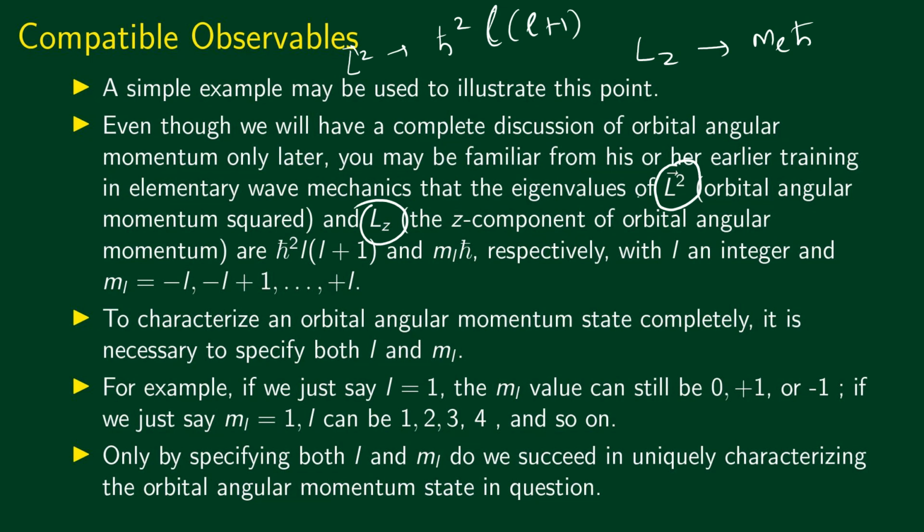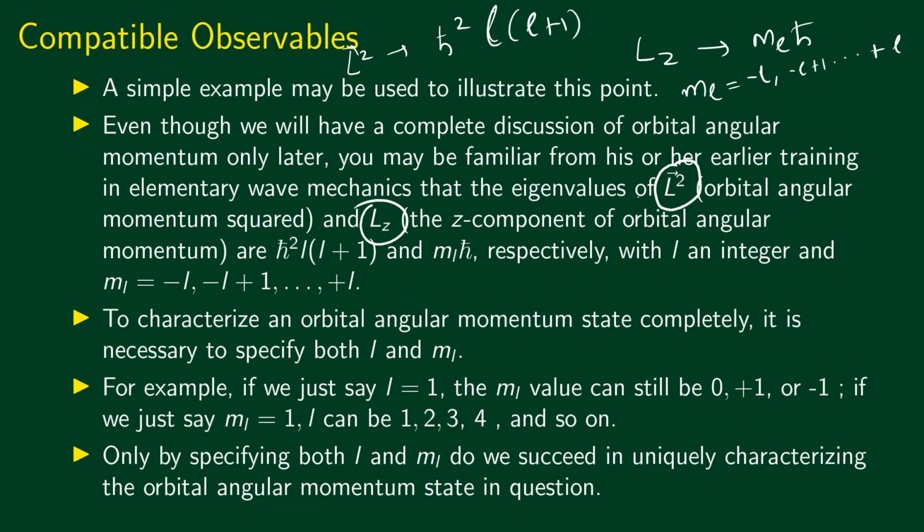You might have also seen that m_L can take values minus L, minus L plus 1, minus L plus 2, like that up to plus L.